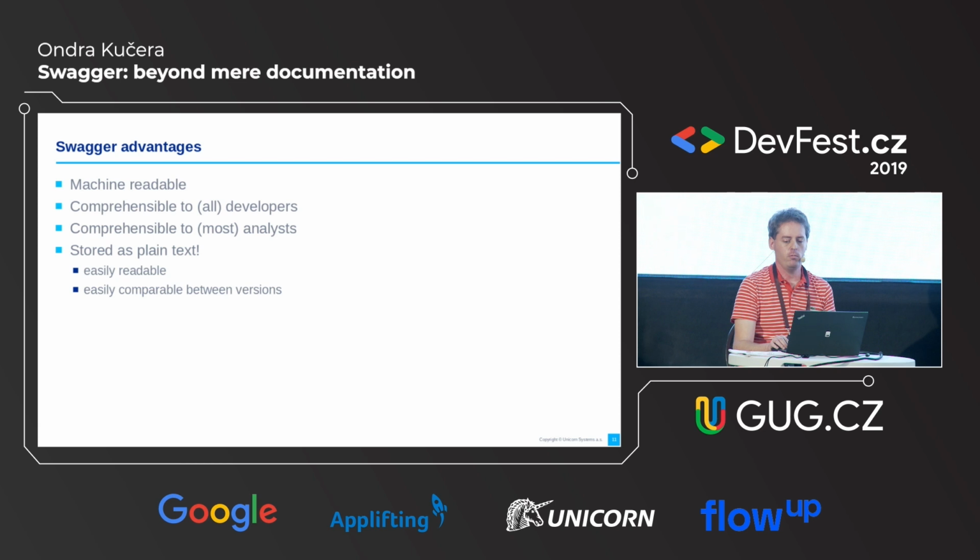And this is something you probably cannot do with PDFs, Word documents. I've seen using, for example, Enterprise Architect to model REST interfaces. Again, it's a nice tool, but have you ever tried to compare two different diagrams of Enterprise Architect? It's not really easy.